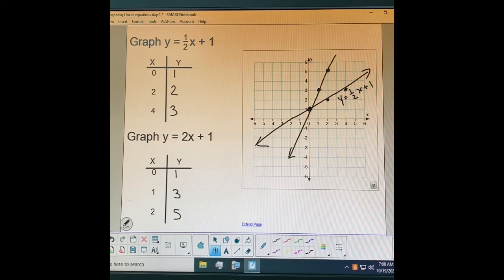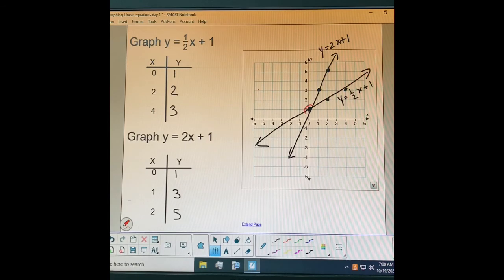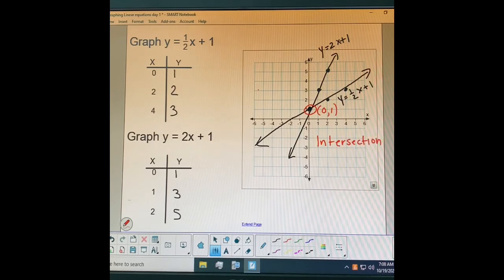Notice these two lines have one point in common. 0, 1. This is their intersection point. The intersection point is also known as the solution to the system of equations, which we will talk about in a lesson that's coming up.